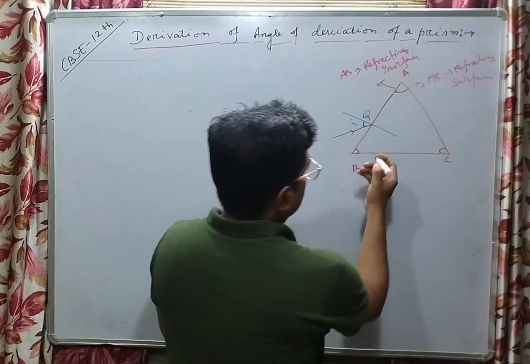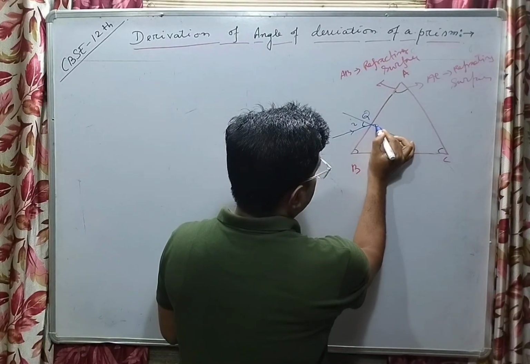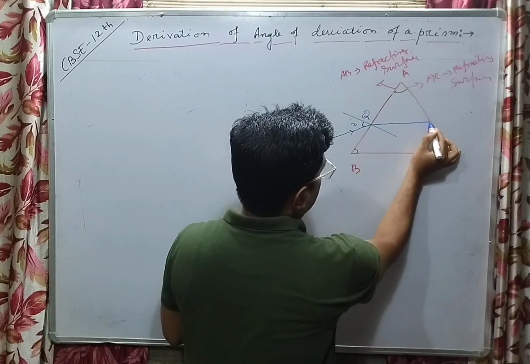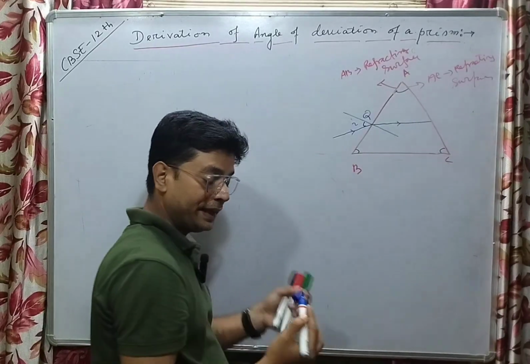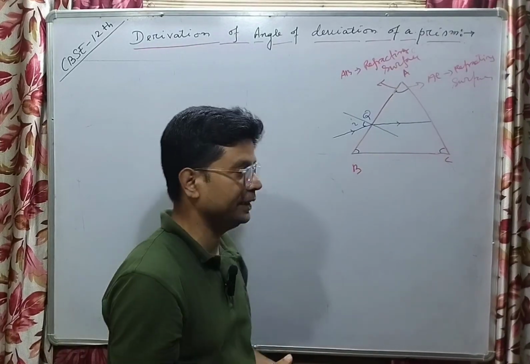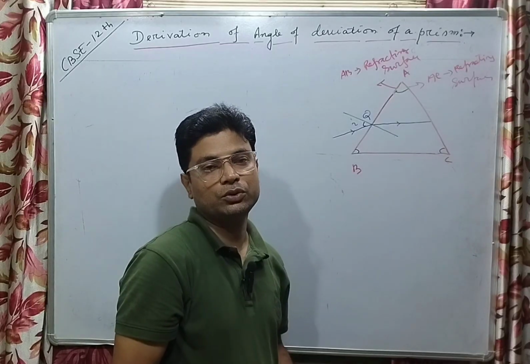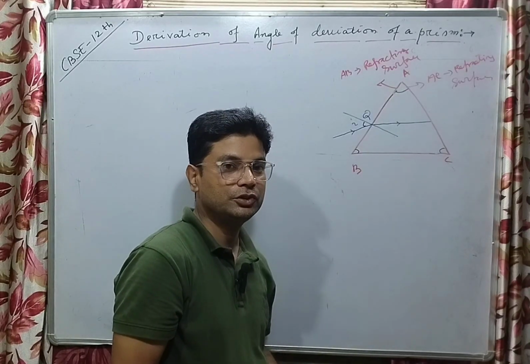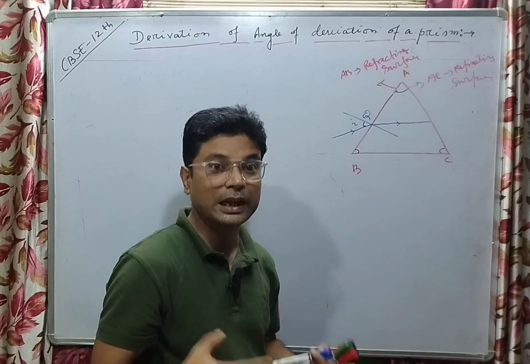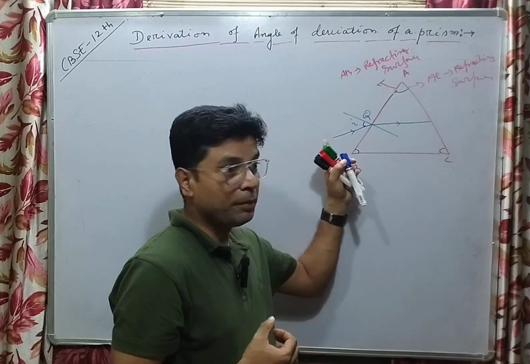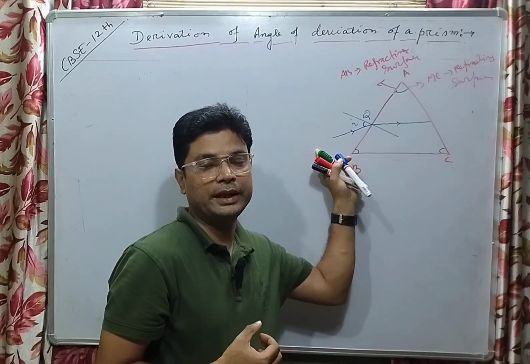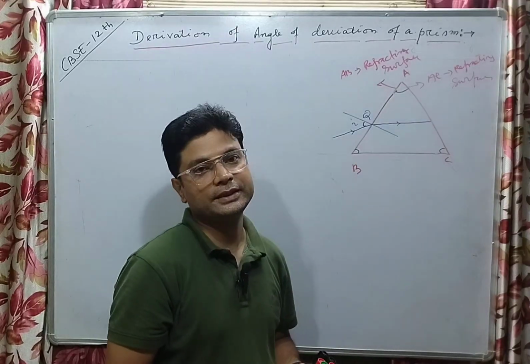See, this ray will be refracted here. As we know, when a beam of light is refracted, it comes closer to the normal. What is the condition here? The main condition is that light must be refracted from a rarer medium into a denser medium.